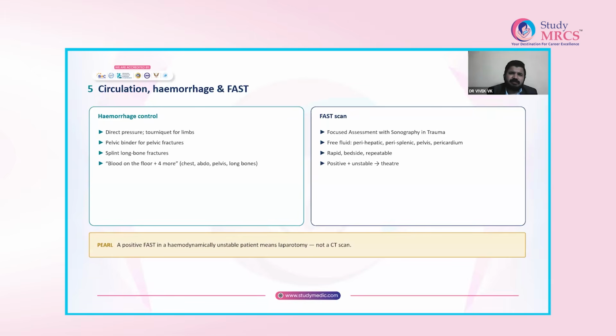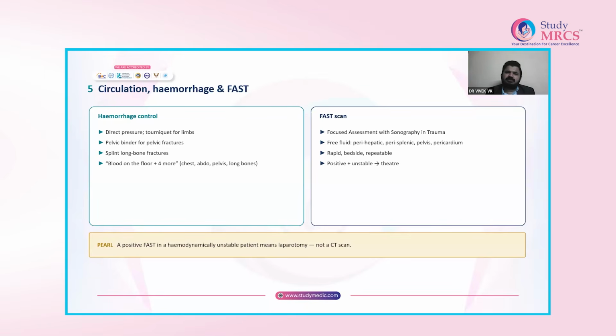Suppose a patient has a positive FAST, the patient's vitals are stable, and the patient has sustained some abdominal injuries. Obviously, you can consider a CT scan for further evaluation.